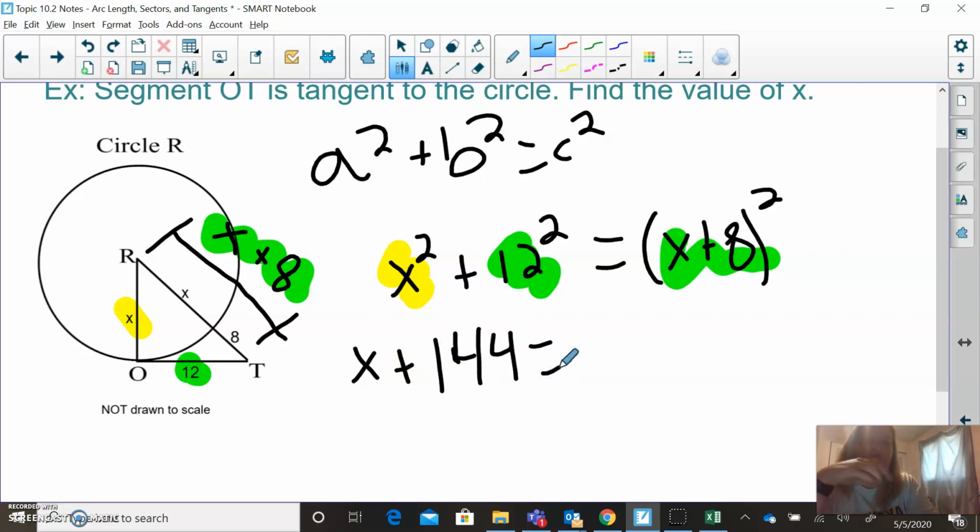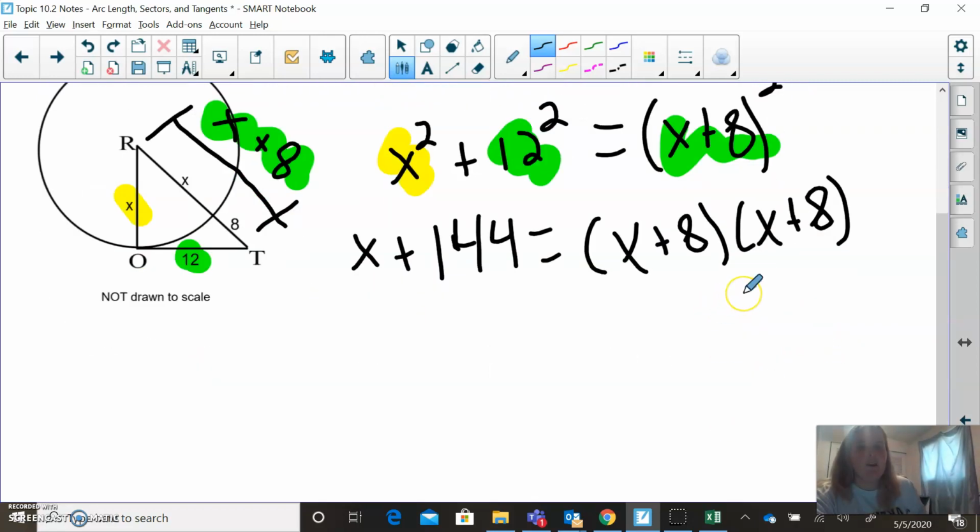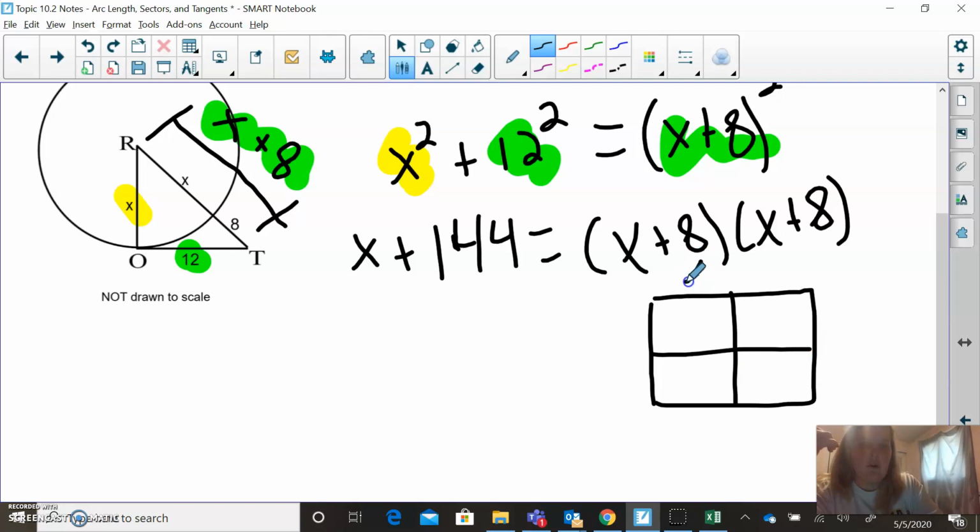And that is equal to, now we've got two binomials that we have to multiply together. Now, some of you guys probably remember the box method or FOIL. Whatever method works for you, that's fine with me. So I'm going to do the box method here. X plus 8 on top, and the one on the side is on the bottom.